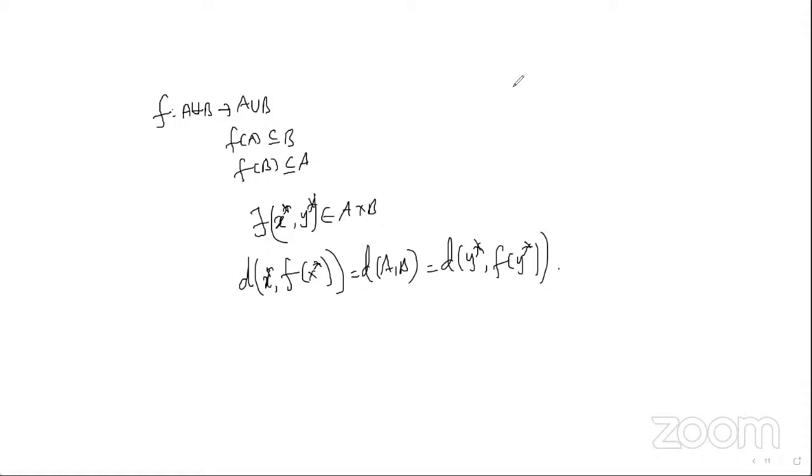Suppose, first of all, we have A and B. For existence of this point, we should have at least one point x in A such that the distance between x and y is equal to the distance between A and B for some y.